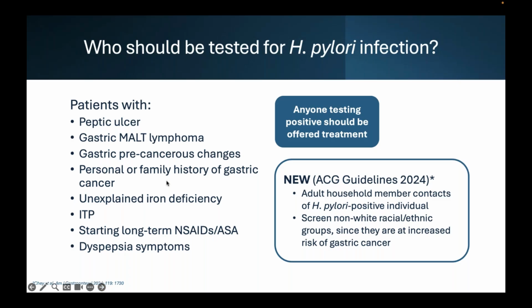We know that H. pylori is synergistic with non-steroidal anti-inflammatory drugs and aspirin in terms of causing ulcers and making ulcers bleed, so all patients who are starting long-term NSAIDs and long-term aspirin, including low-dose aspirin, should have H. pylori evaluated and tested for, and again, eradicated if it's positive.